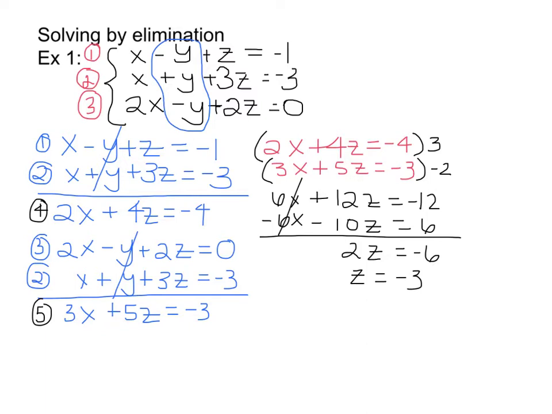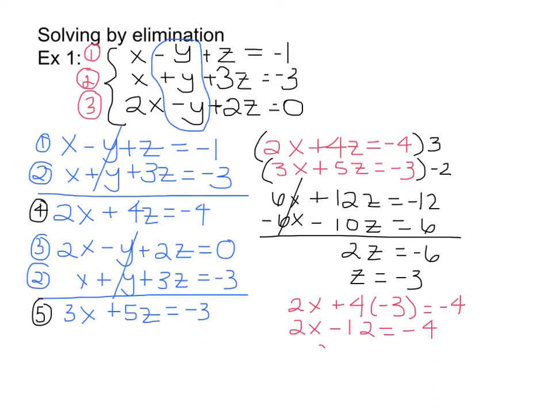So if you plug z into either equation 4 or equation 5, you're going to be able to solve very quickly for the other variable. I'm going to use equation 4. It does not matter whether you use 4 or 5. So I'm going to plug in my -3 for z, and that gives me 2x minus 12 equals -4.